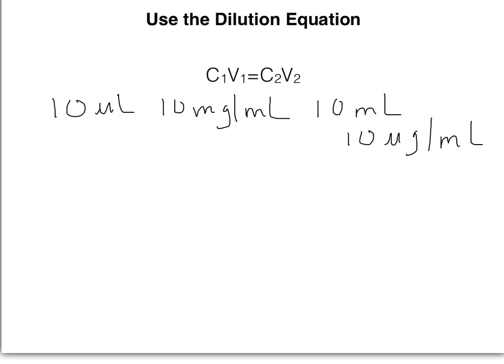Well, I'm not dealing with a very large volume of solution, but luckily there are tools that we can use to measure 10 microliters. So if my final volume is 10 milliliters, just like before when we had 5 mils of concentrated solution and we add 5 mils of water to it to make up a final volume of 10 mils of solution, in this case our final volume still needs to equal 10 milliliters.